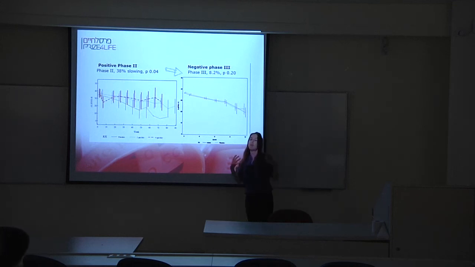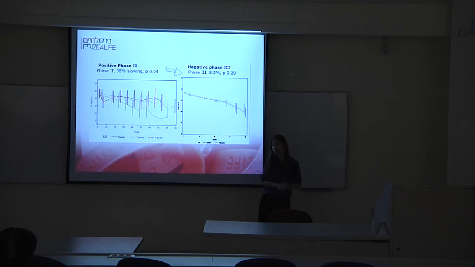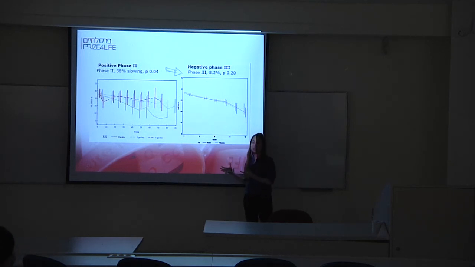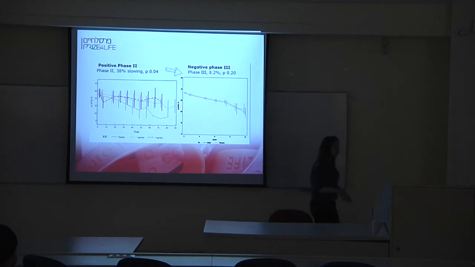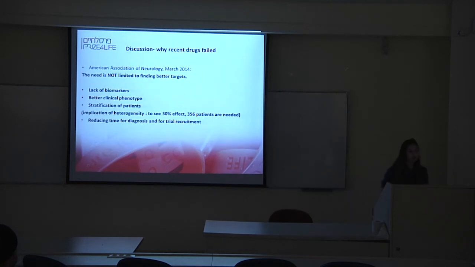So that would be a biomarker. If we could have a good objective biomarker for the disease, a blood test, maybe a spinal tap test, so a CSF test, we could use that and actually track disease progression, which is what the medication is affecting directly, as opposed to walking or cutting with utensils, which is a much higher level function. So it would be great if we had a biomarker.